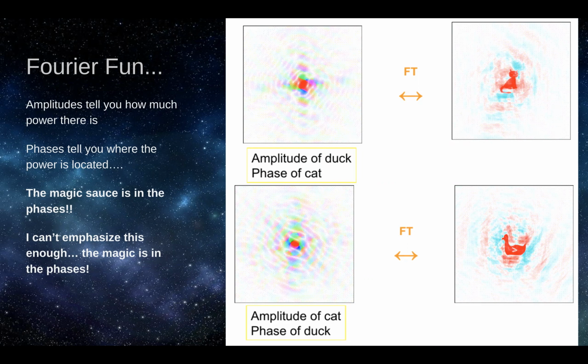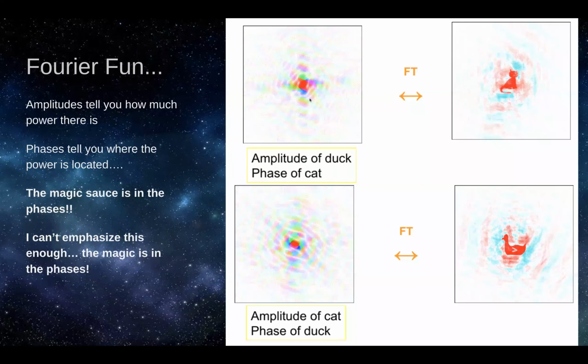But in practice, we actually look at the phases, and the phases are really important, and this is where the information really is. The magic source is in the phases. I really can't emphasize that enough. You can still reconstruct a pretty good image even with bad amplitudes, but if your phases are screwed, you have no hope basically.